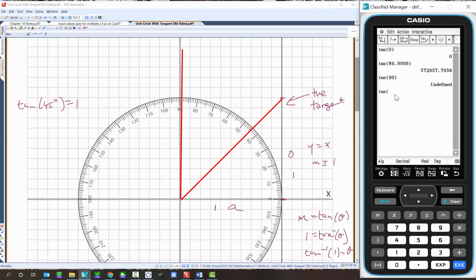Now, there's really interesting behaviour after 90. So let's go tan of 90.1 and see if you understand what's going to happen here. The line would be drawn, where is my line tool? Okay, my line's going to be drawn there. Now, where is it going to hit the tangent? Some people will say, oh, it's not going to hit the tangent. Well, not really.